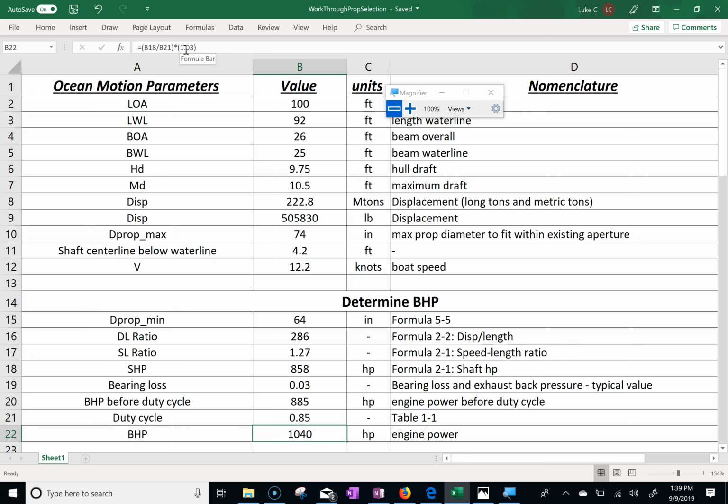That's where this value is. This is the final one. So it's almost like reverse factor of safety.